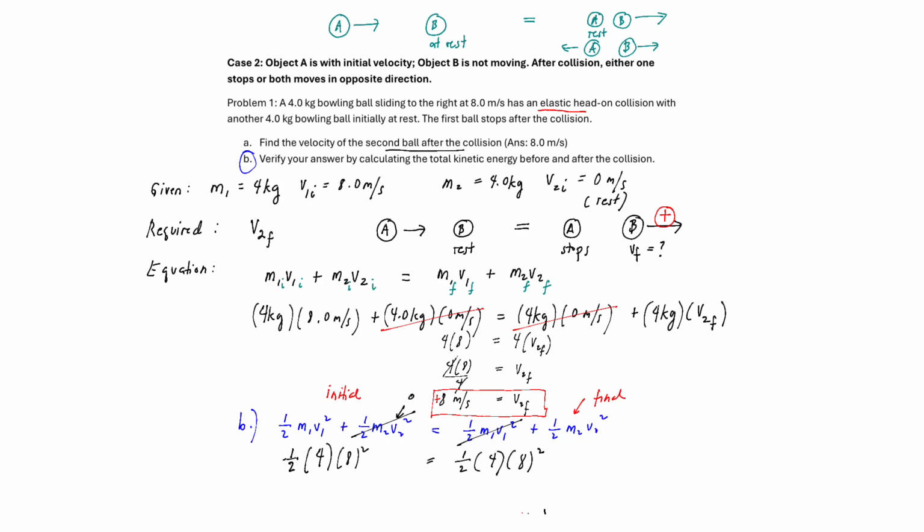Now notice, they have an equal value, so we consider this as no energy loss. So this is a perfectly elastic condition. For letter B, this is verification: we calculate the total kinetic energy before and after collision, and that means this is a perfectly elastic condition. Basically, there is no kinetic energy loss.